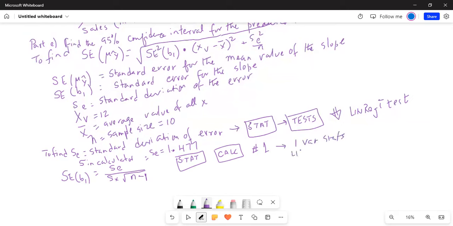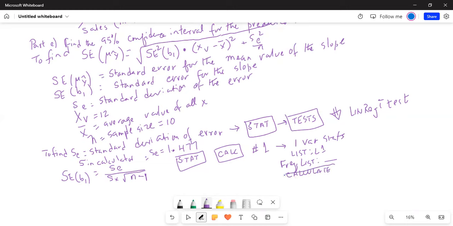List is L1, frequency list should be empty. Nothing should be there. If there's something, you press the clear button in the third row to clear it. It's empty, and then we go to calculate and hit enter.